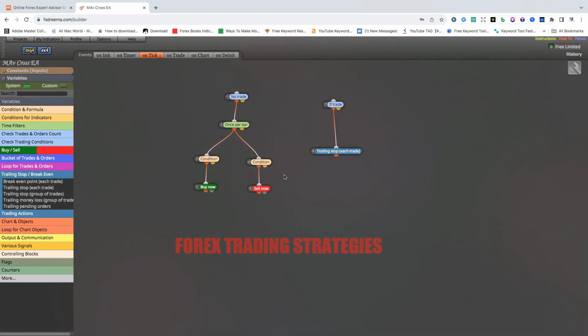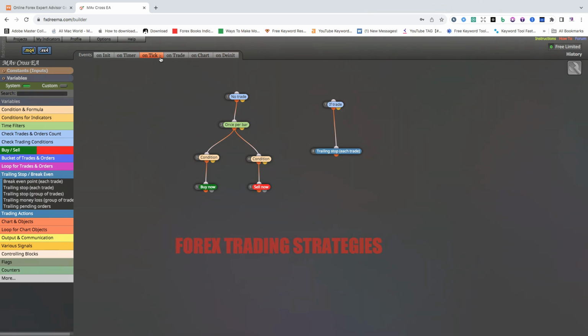So I said in previous videos, the only limitation with Fxdreema, for people that have been asking this question because they don't have money to purchase the license for MetaTrader 5, the only downside is that if it's going to be for free, it's going to be for MetaTrader 4.